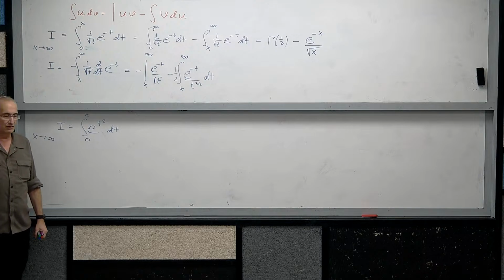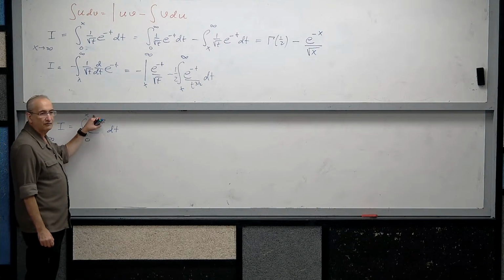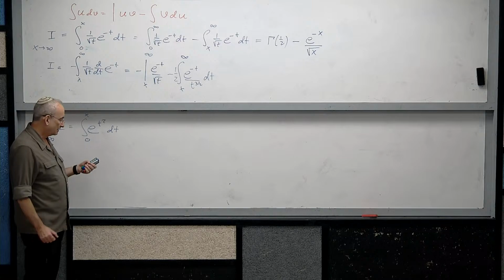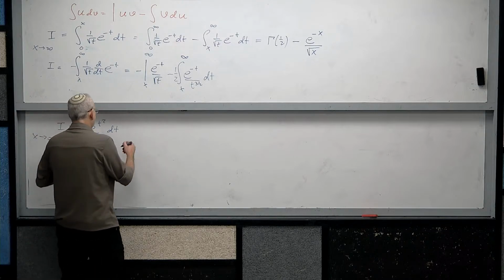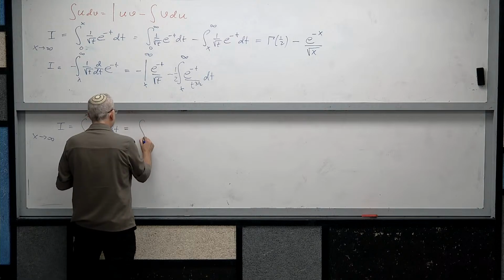We cannot have x from 0 to infinity. If we try to do a naive integration by parts, we will get something that diverges at 0, and so on and so forth.